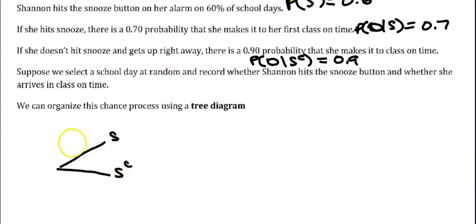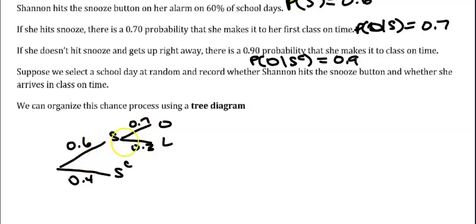So we know she hits snooze 60% of the time, so she doesn't 40% or 0.4. Okay, so if she hits snooze, let's look at being on time versus being late. So she's on time 70% of the time, which means she's late 30% of the time with 0.3.